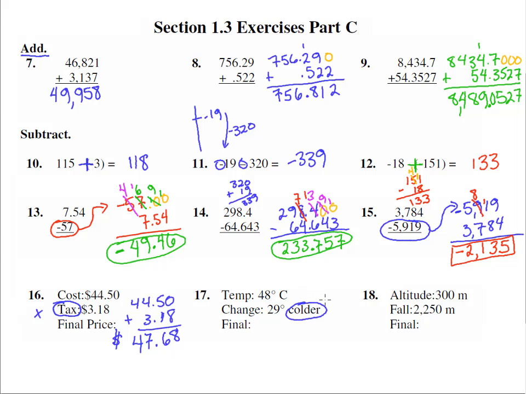colder. Colder means subtraction. So we're going to start out at 48 degrees and then go down, subtract by 29. All right. These are lined up with the decimals. 8 minus 9, can't do that, so we're going to borrow. This is now a 3, and that's a 1. Now just a little bit of a pause here.